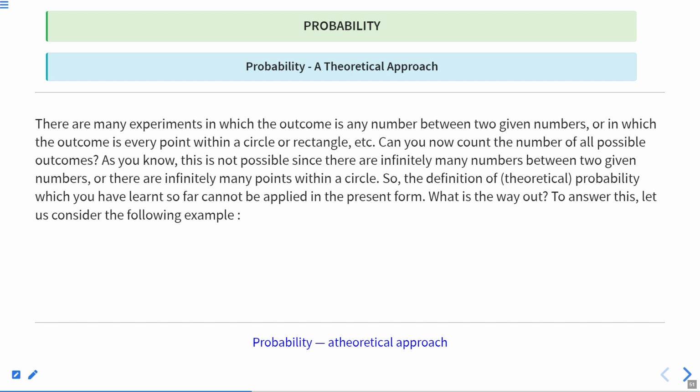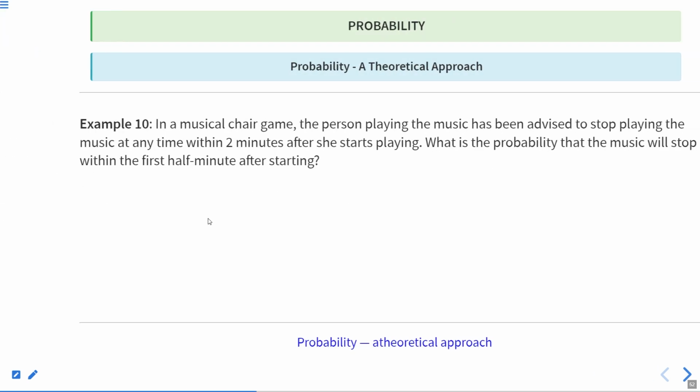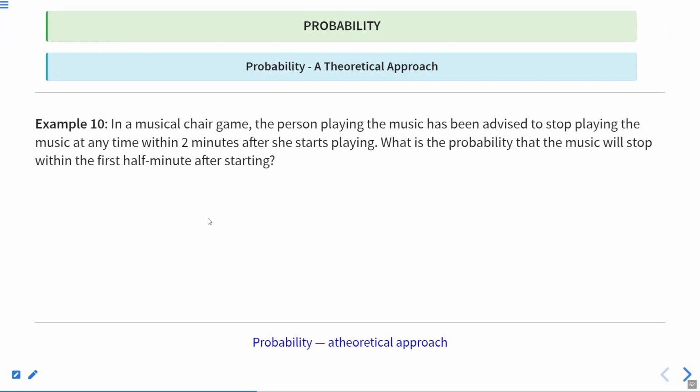To answer this, let us consider the following example. Example 10: in a musical chair game, the person playing the music has been advised to stop playing the music at any time within 2 minutes after she starts playing.